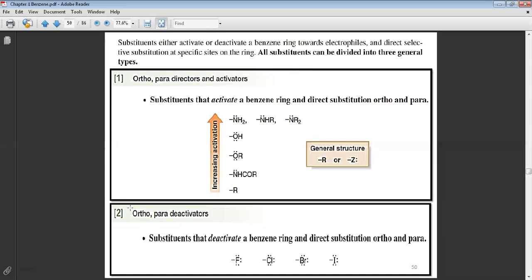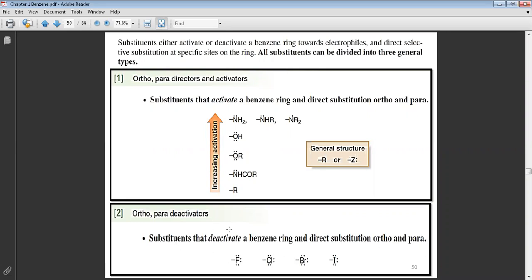The second family is ortho-para deactivators. That means the orientation is also ortho and para, but they do not activate; they deactivate. This is the halogen group, just the halogens. These are substituents that deactivate the benzene ring and direct substitution ortho and para.